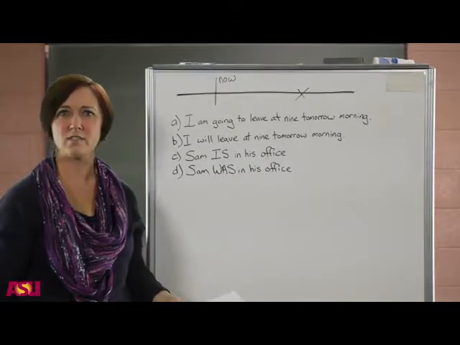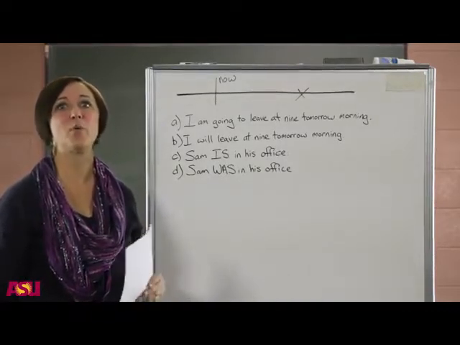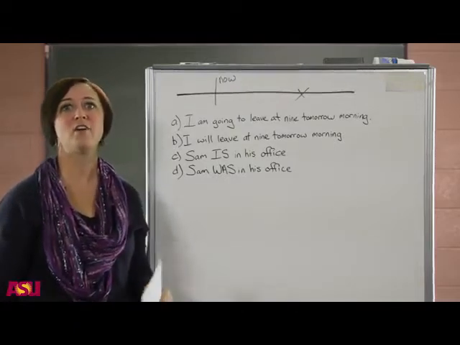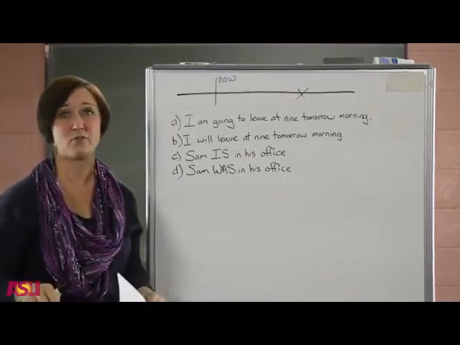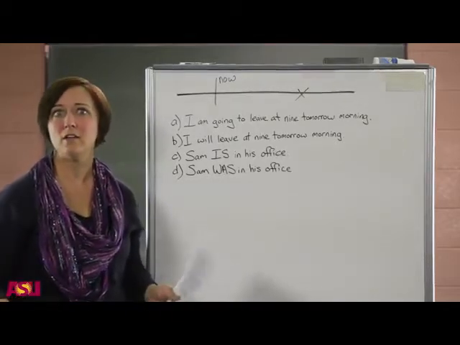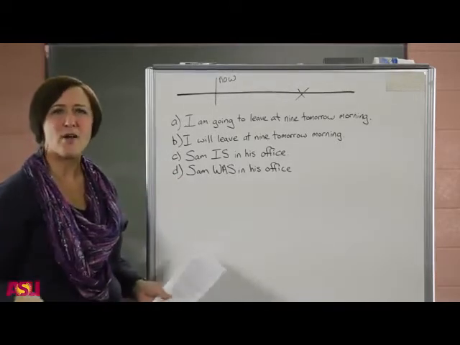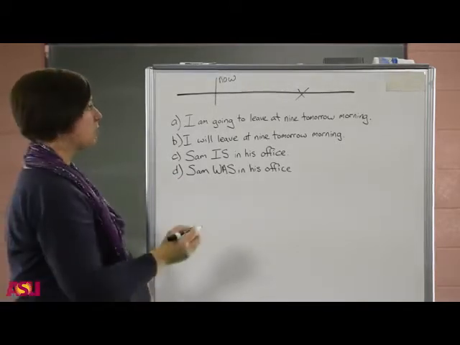Any other words? Yes, there are many words that help us know we are talking about the future. And there are 2 ways to express the future: be going to and will. Look at our examples. A, I'm going to leave at 9 tomorrow morning.